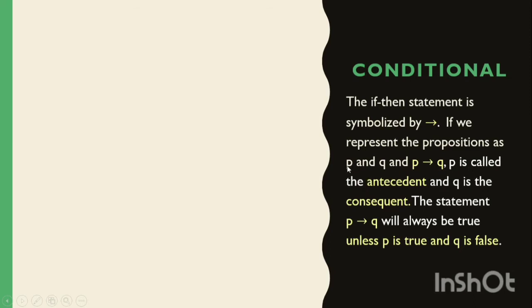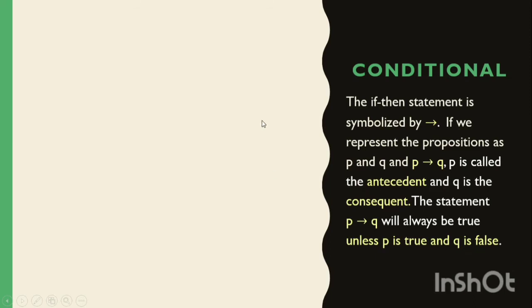The first proposition is called the antecedent, and the second one is called the consequent. The statement P implies Q will always be true unless P is true and Q is false. Again, P implies Q will always be true unless the case is that P is true and Q is false.